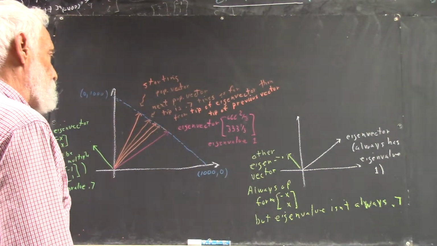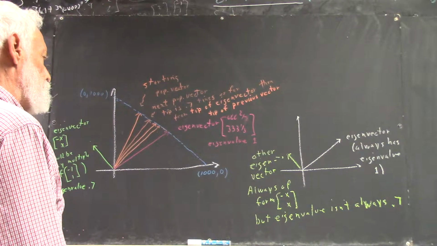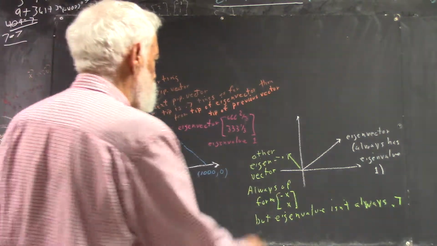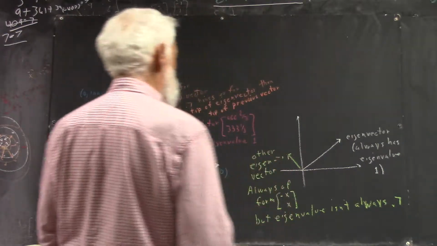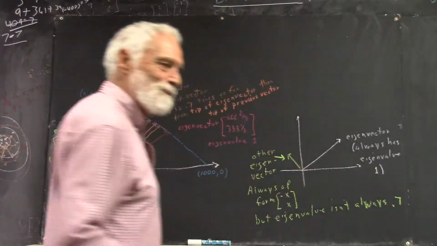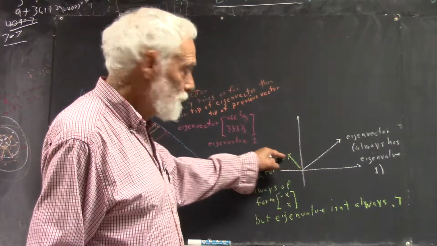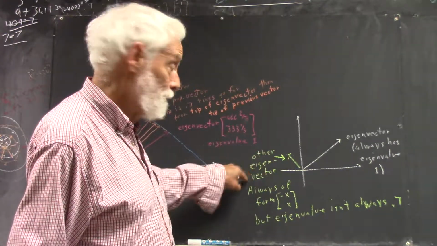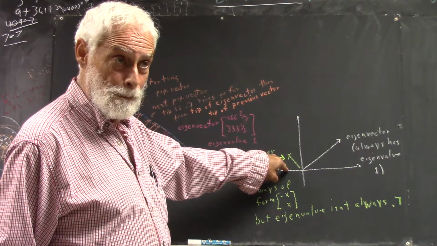Okay? Now, you asked me about a negative 0.1 or something. I honestly don't know what the heck that is, so it must be an arrow. Didn't want to make it look too much like a vector, but you understand this is the eigenvector, and this is just an arrow pointing to the eigenvector, telling you that that is the other eigenvector, right? Okay?